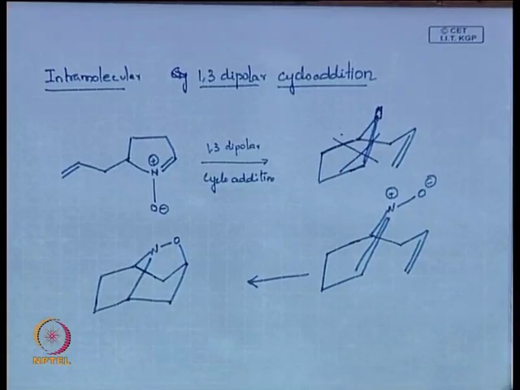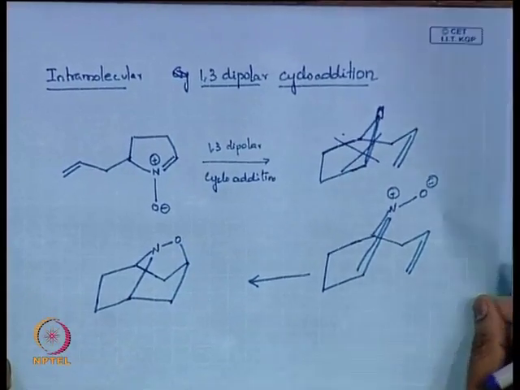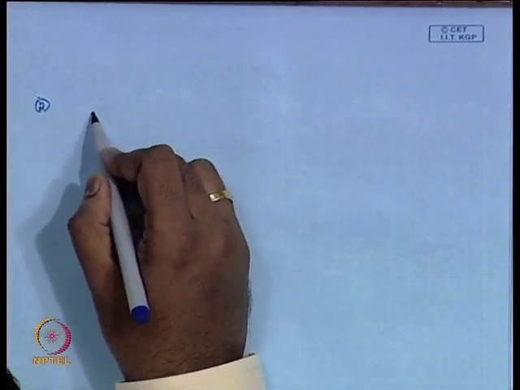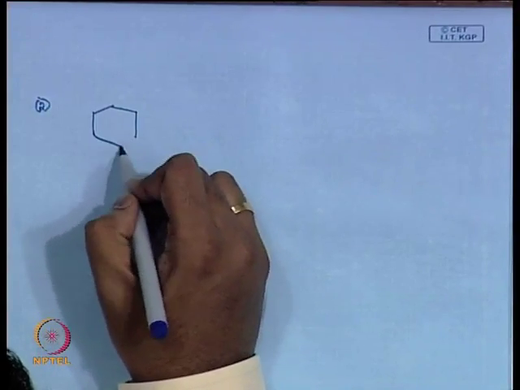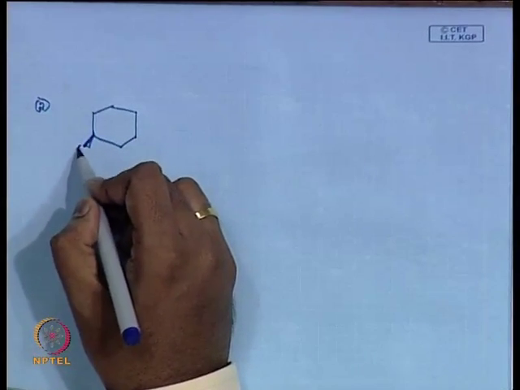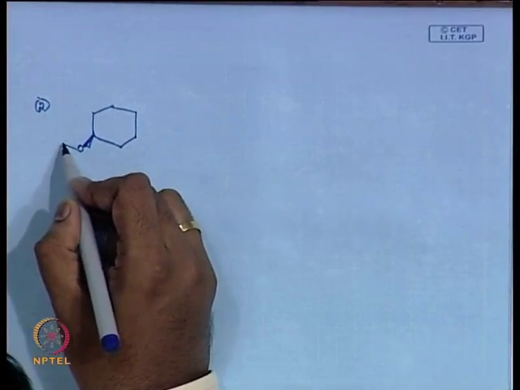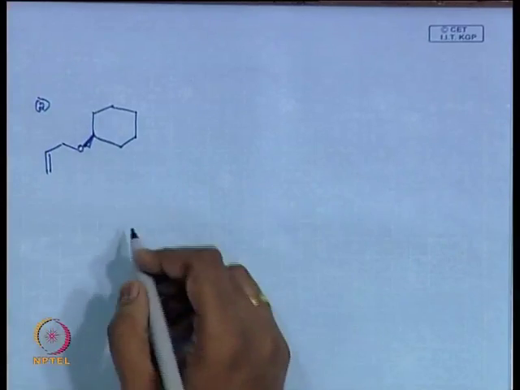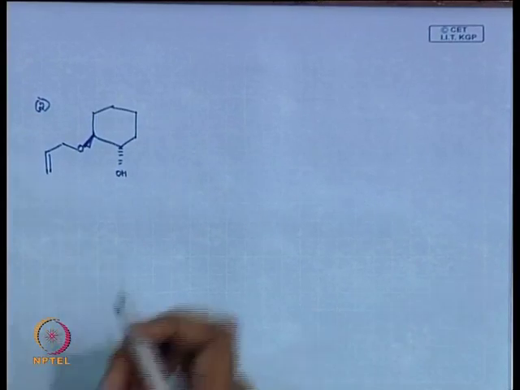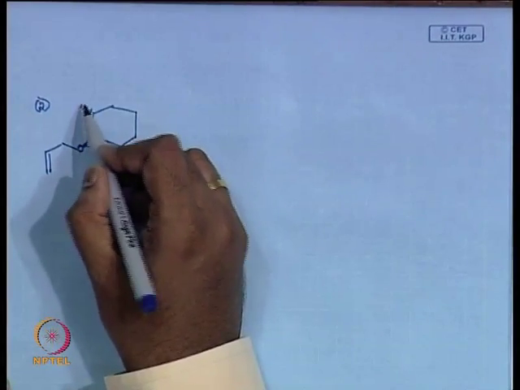Okay. Let us see one more reaction based on intramolecular cycloaddition. This is a little bit really interesting one. When you are talking about all this chirality, it becomes more interesting.